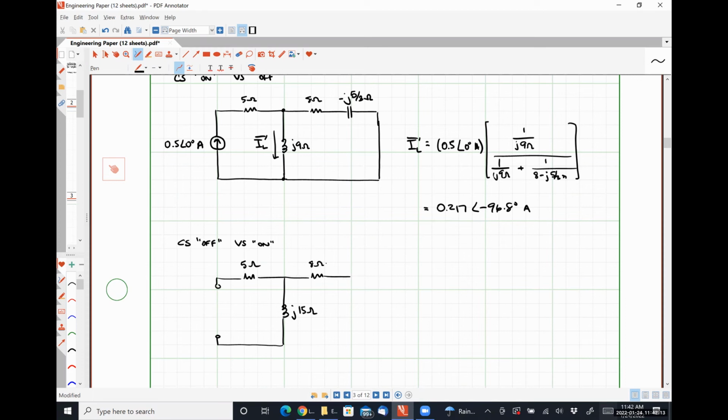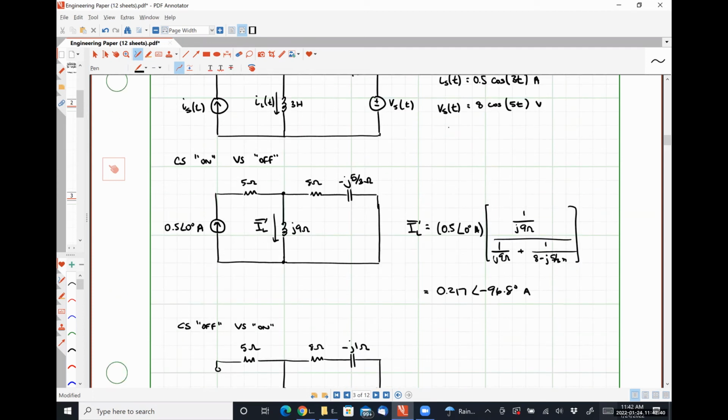Our 8 ohm resistor stays unchanged. We have our capacitor. At an angular frequency of 5 radians per second, 5 times 0.2 is 1. So this should just look like a minus J1 ohm impedance.